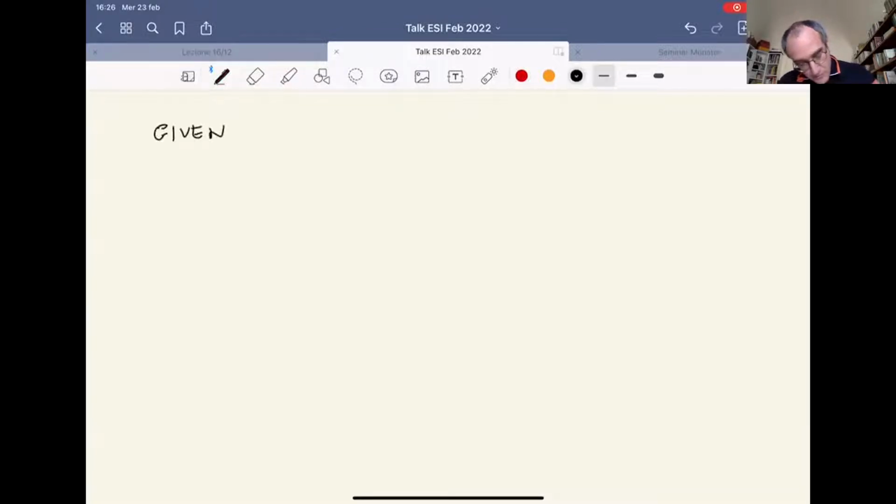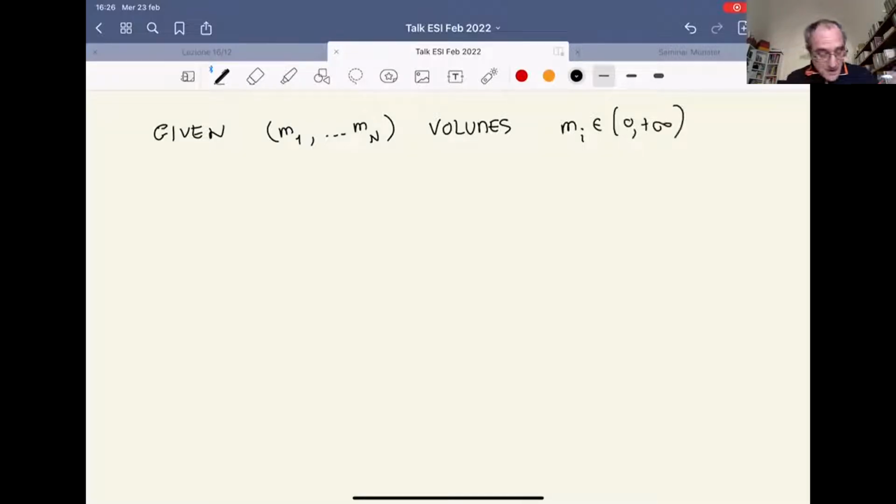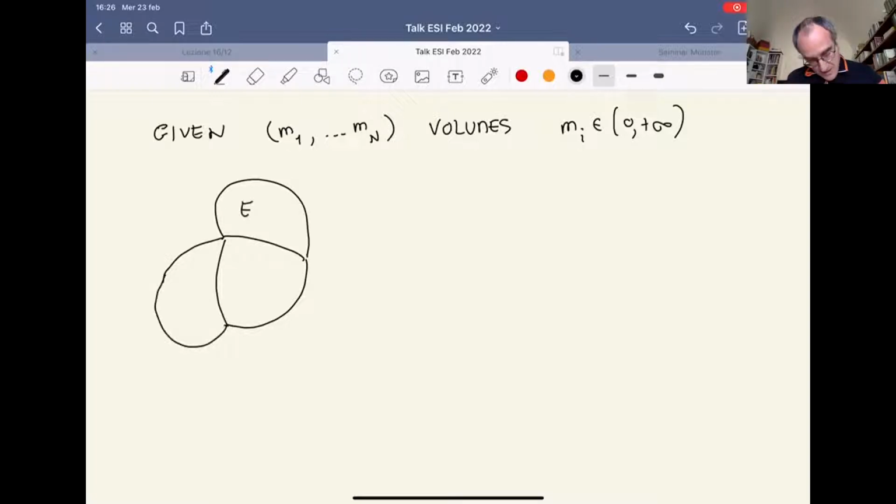a set of volumes M1 through Mn, these are constants, which means each Mi is in 0 to plus infinity. We want to find the minimizer, a cluster. Let me draw a picture: chambers E1, E2, up to En.